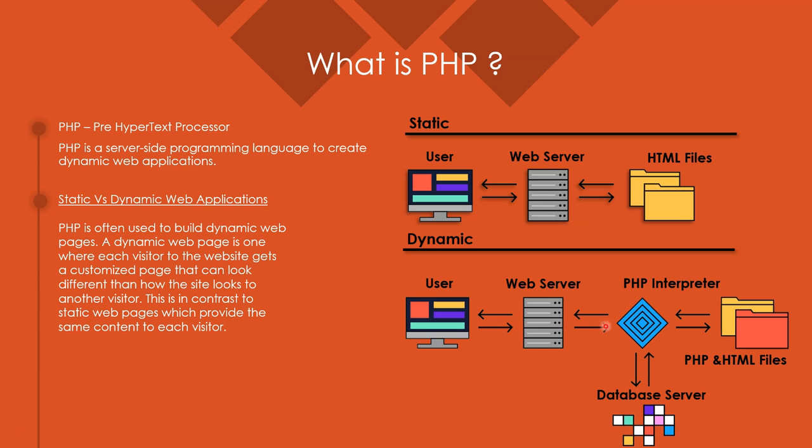From the web server, the request is sent to the PHP interpreter or the PHP parser, which processes the PHP code, and then it checks the code to see if any data needs to be fetched from the database server, fetches it, again processes it in the business logic, and then generates the HTML code for the processed data, and sends back the response to the web server, and from the web server the final HTML is rendered on the browser, and that is how the user sees the information on his system. So this is a typical transaction that takes place in a dynamic web application.